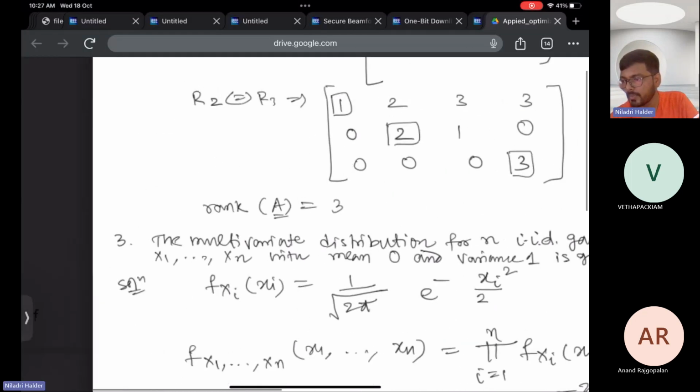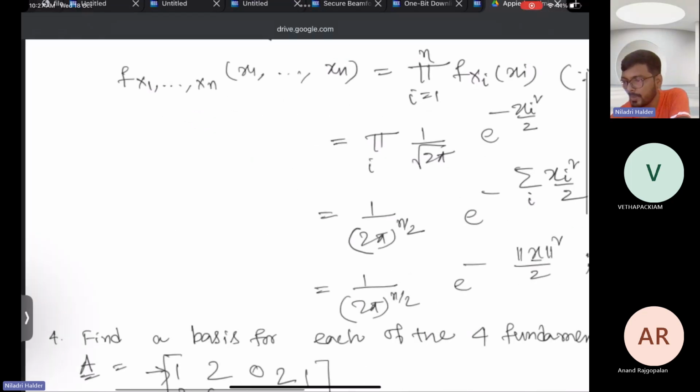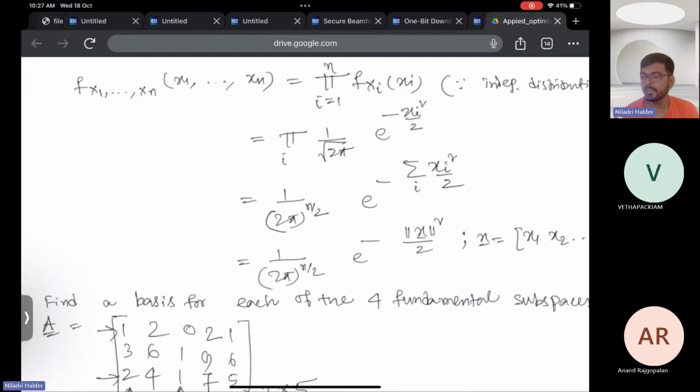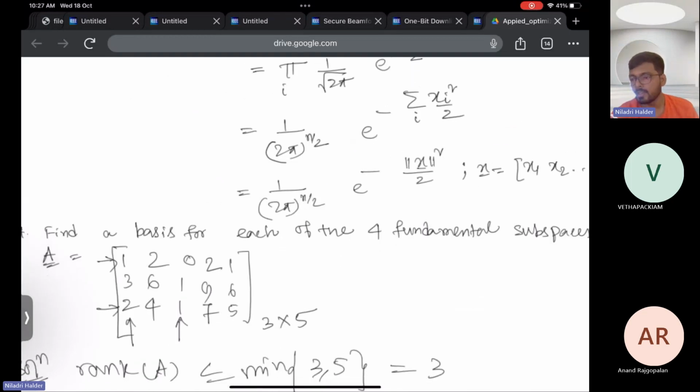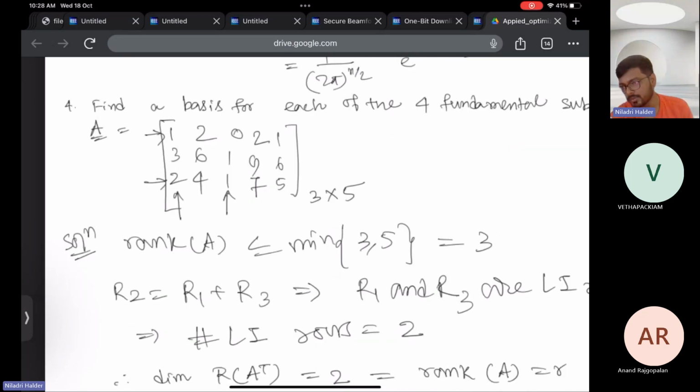So then this multivariate distribution. For the multivariable case, if there is a random vector, then there will be a distribution. This is how to find out the distribution, that is written here. Then suppose there is a matrix A, how to find the basis of four fundamental subspaces.